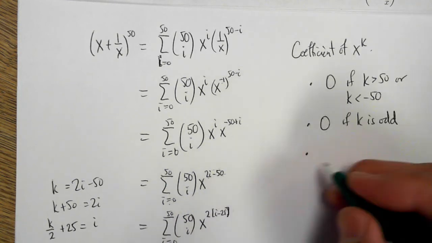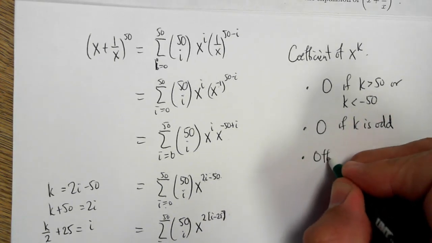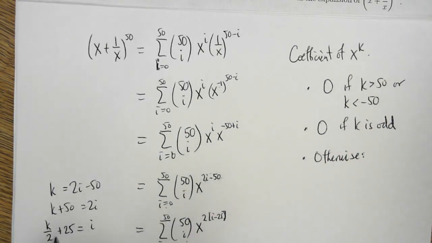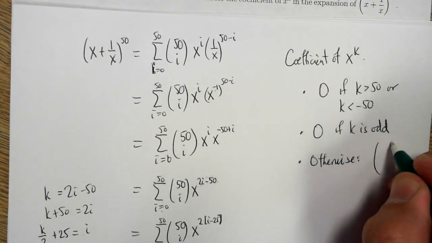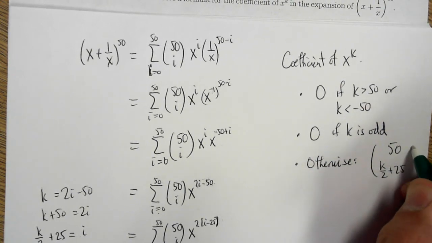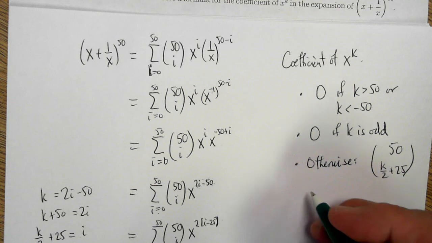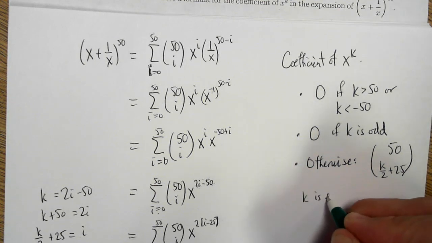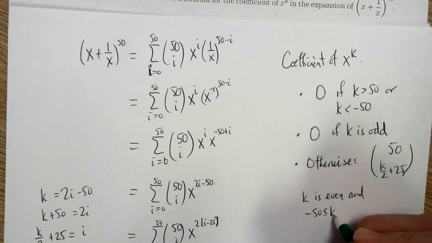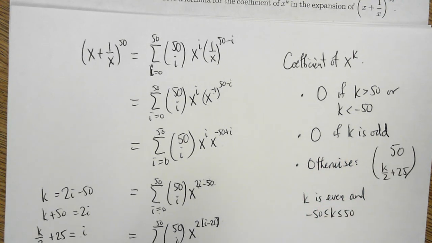So otherwise, the coefficient would be 50 choose i, where there's the i that I just got. So 50 choose (k over 2 plus 25), where k is even and k is between negative 50 and plus 50.